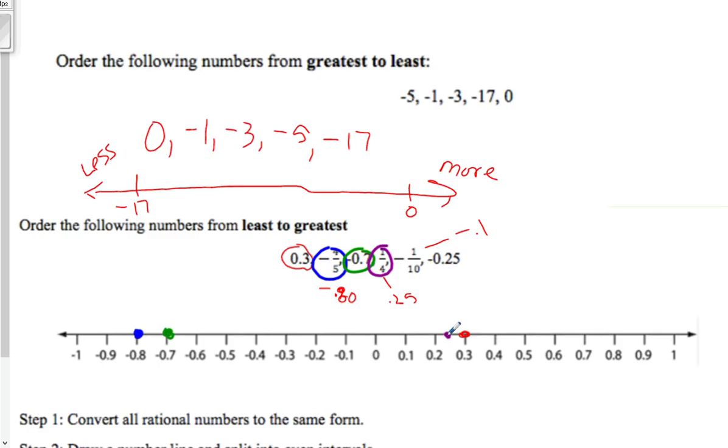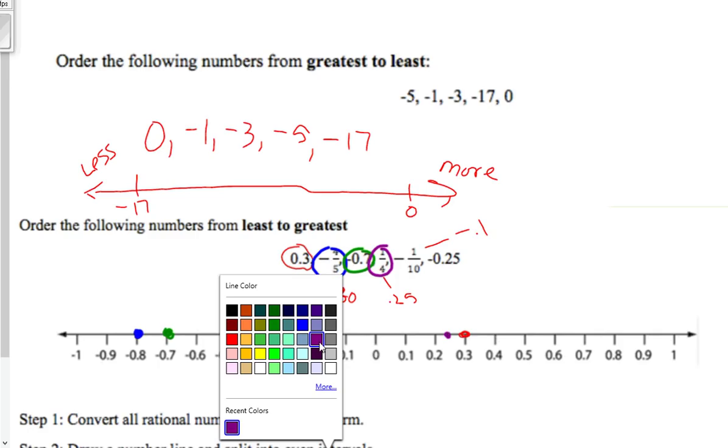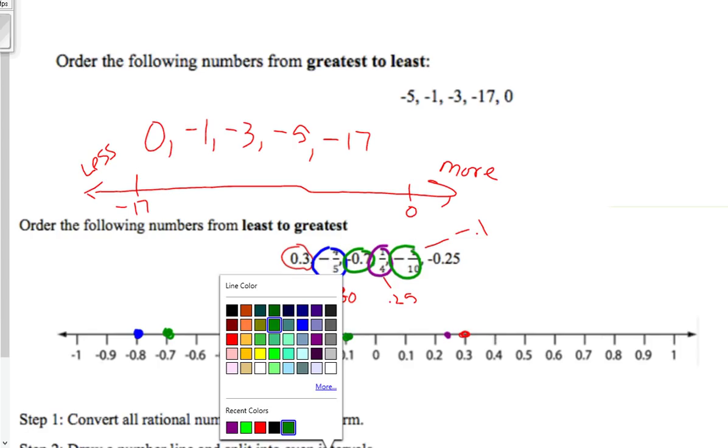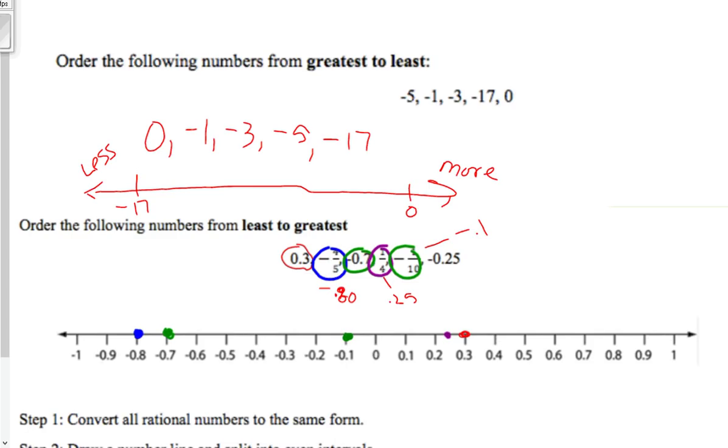And -1/10, let me choose a different color we haven't used. This olive green color. Well, it actually looks the same as that other green. So -1/10 is -0.1, which will be right here, and you can't tell those apart. And let's go with this burnt orange color, and -0.25 is going to go right in the middle there. All right, so that's where they go.